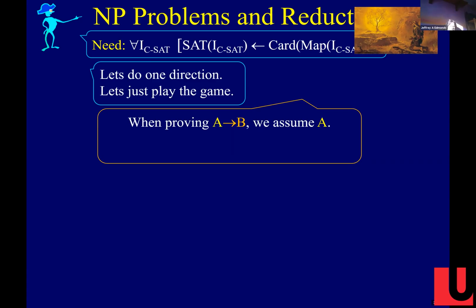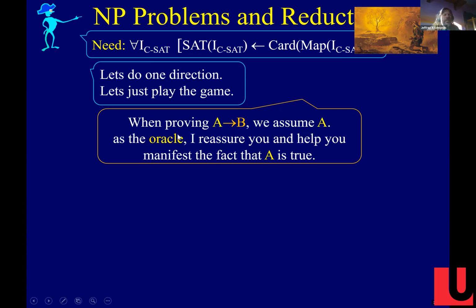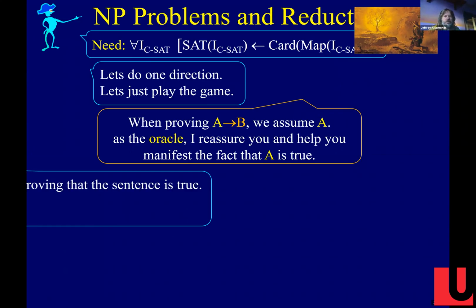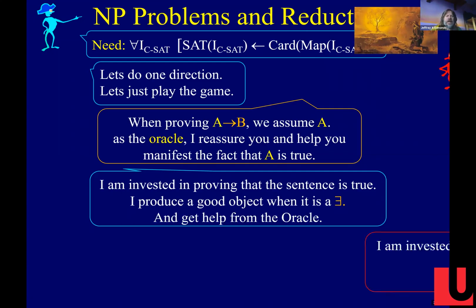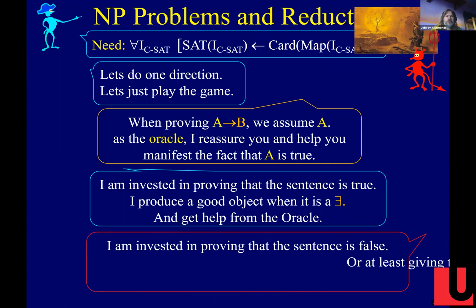I map them over to some cards, and then let's assume A is true. So we're assuming that we have an oracle that reassures us that our cards are satisfiable. Then our goal is to prove that the clauses are satisfiable, and we're going to get help from the oracle.